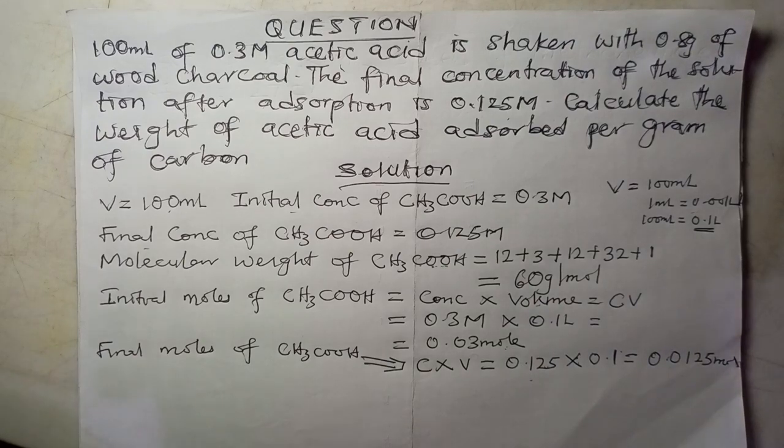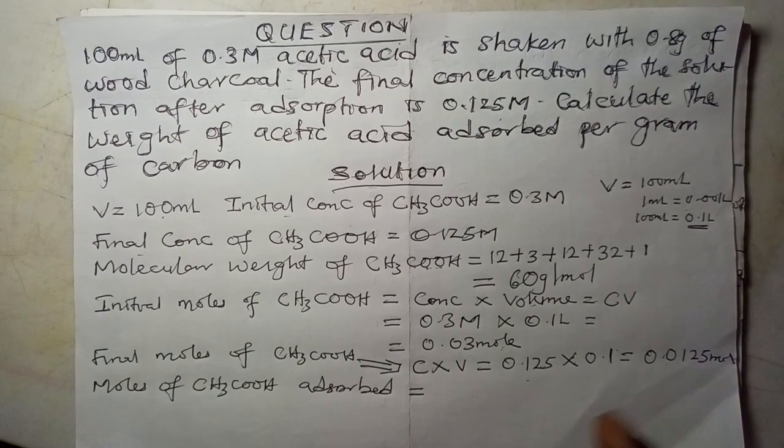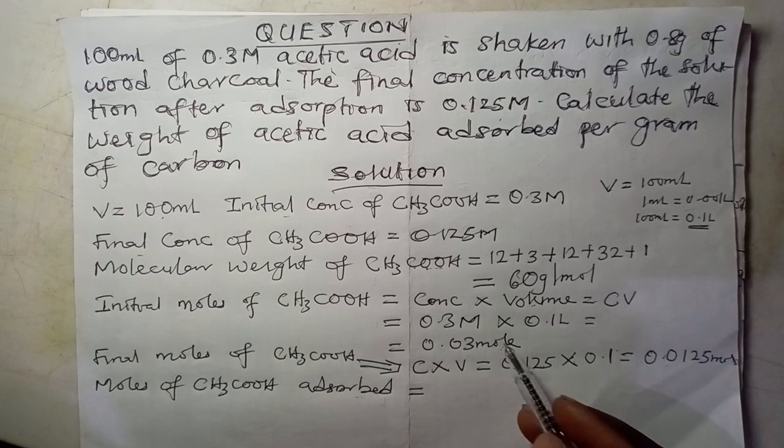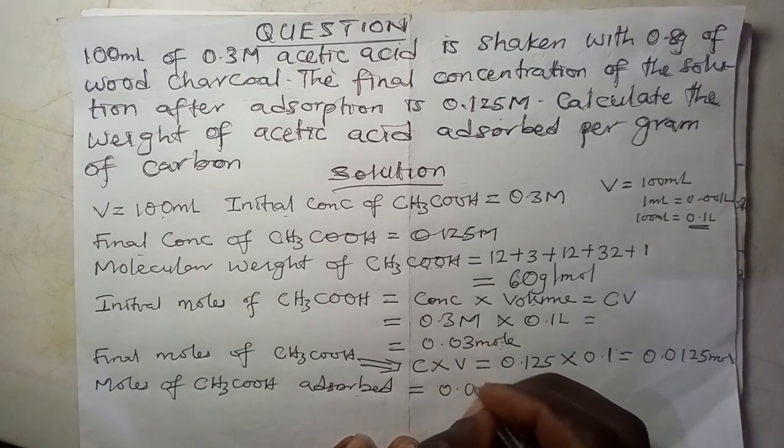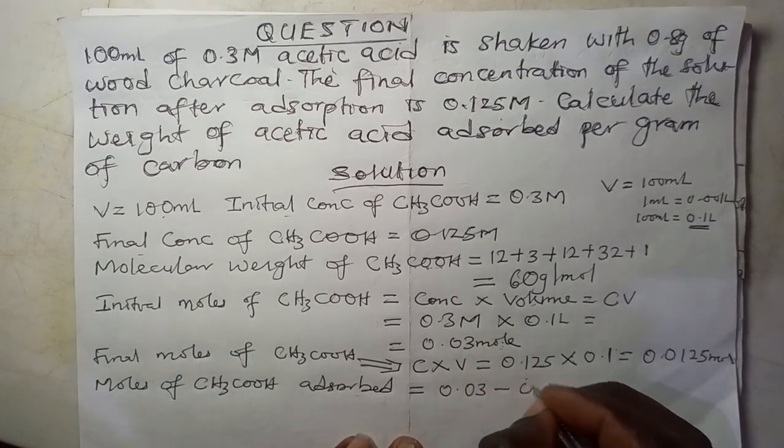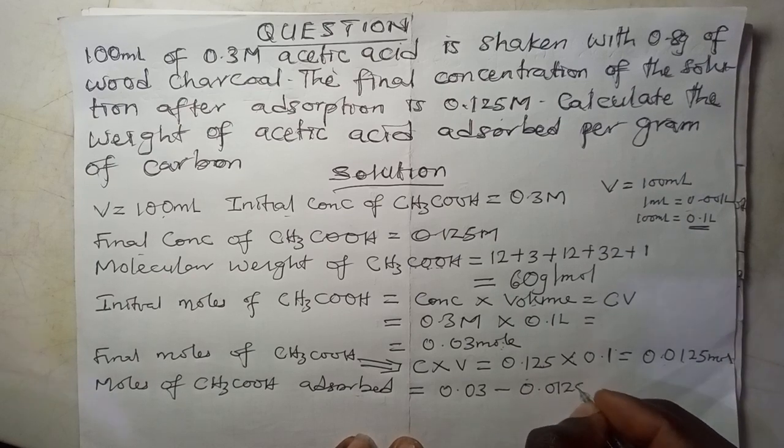So to get the actual moles of acetic acid adsorbed, it is to subtract this from this. Since you have this as initial and this as the final, the initial is higher, so you subtract: 0.03 minus 0.0125.